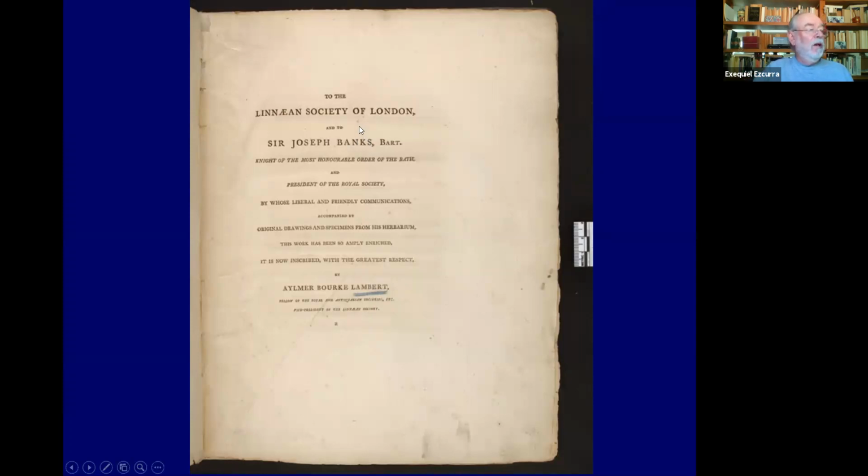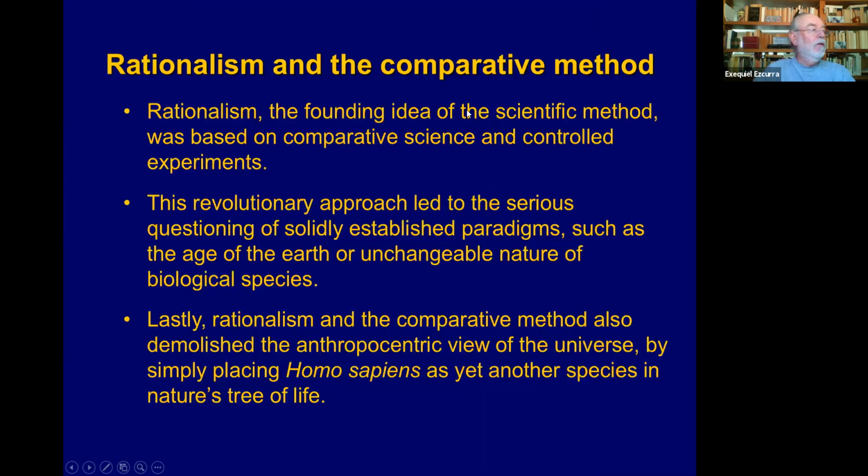Linnaeus' thinking, although it went fairly unnoticed by the larger establishment in Europe, was rapidly taken up by some scientists in London who established the Linnean Society of London, in order to propagate, understand, and disseminate the comparative method and the ideas that Linnaeus had about the diversity of life on Earth.